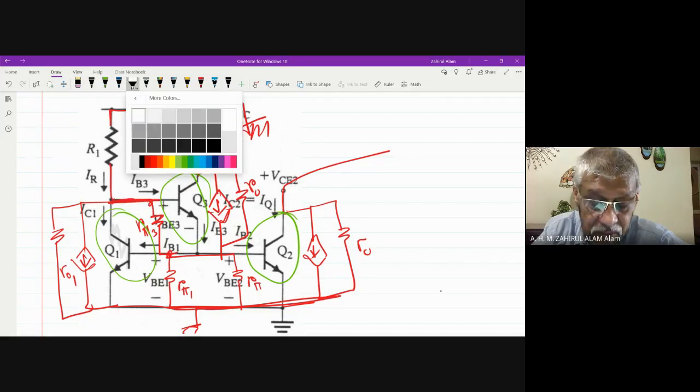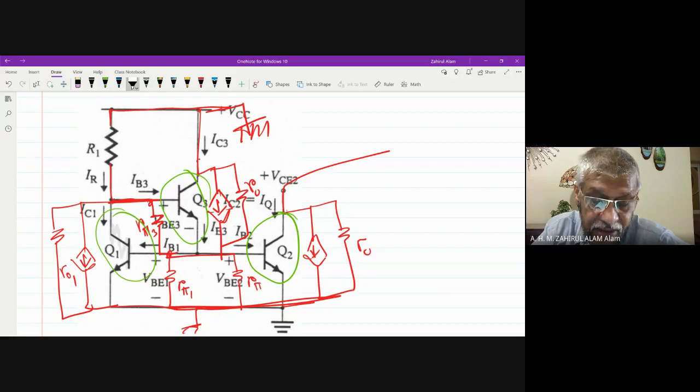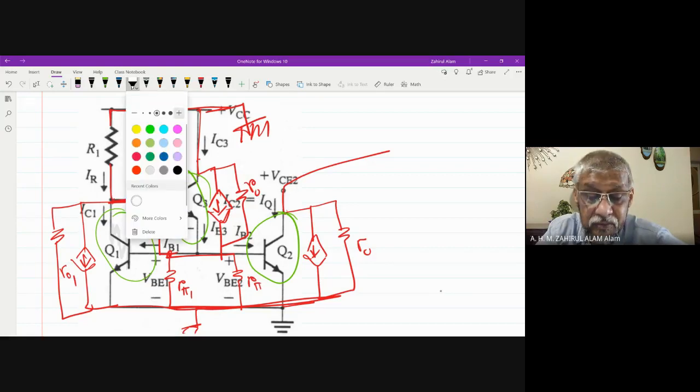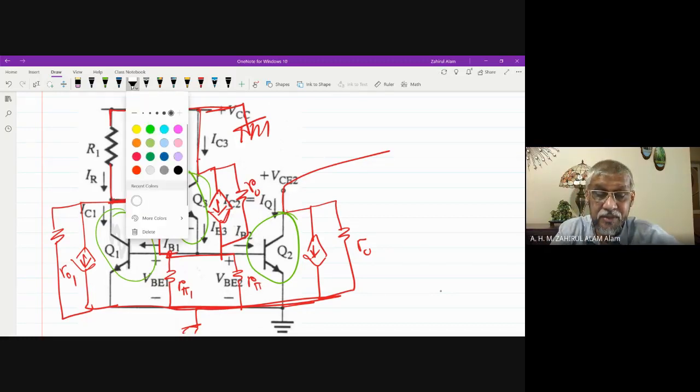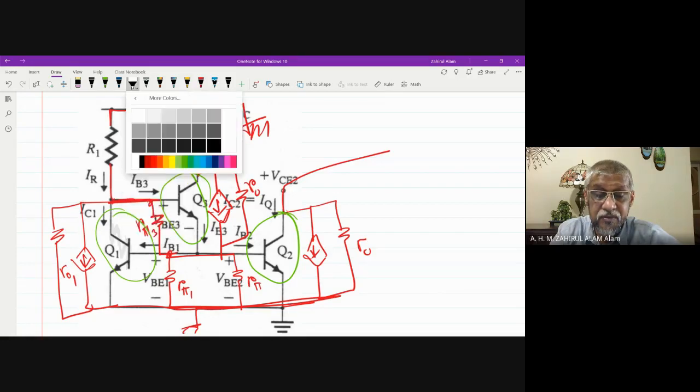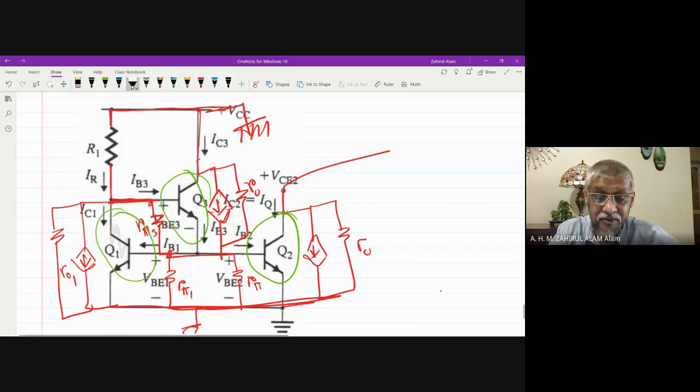Okay, it shows gray. So if I erase, cannot see that. So now if I erase, I can erase this one. So this is gone.